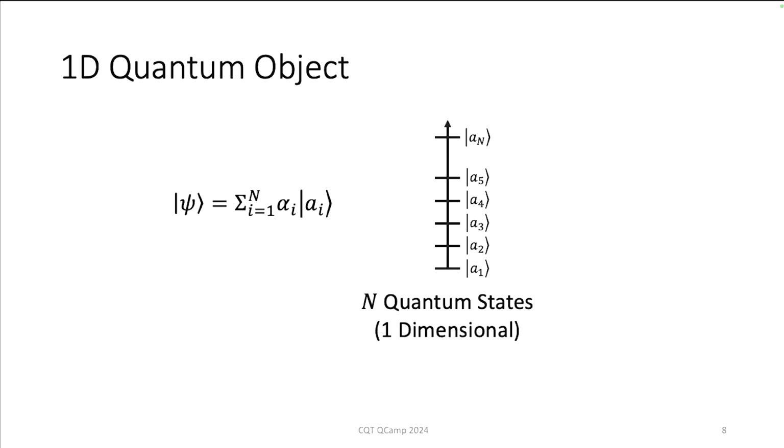So I place these quantum states on the line from 0 to 9. This object is basically a one-dimensional object, and I can describe this quantum object by taking a linear combination of all these states in this ordering. Now, to generalize this, why stop at one dimension?